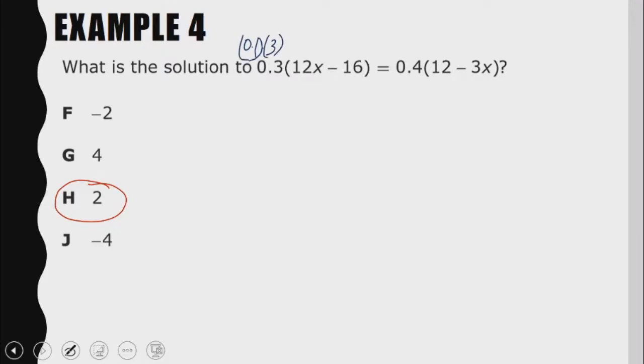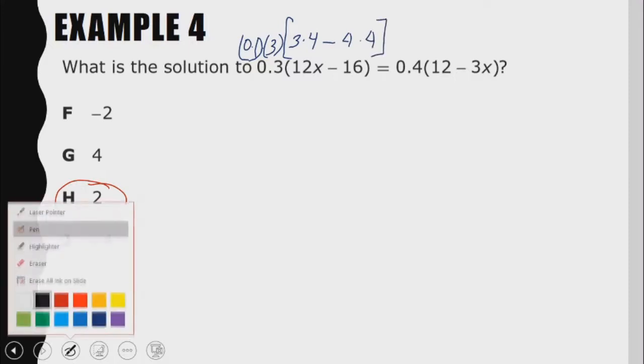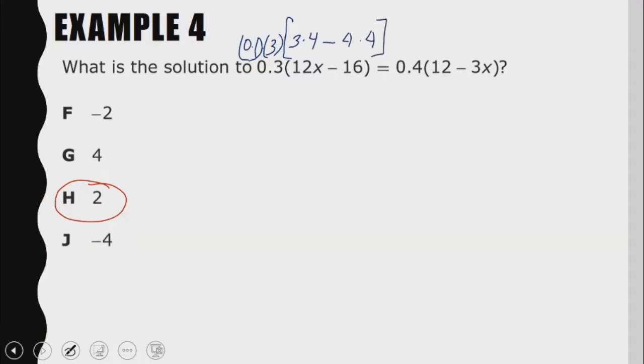And this is inside parentheses. 12 is 3 multiplied by 4, minus 16 is 4 multiplied by 4. You can see that inside the parentheses, they have that 4 in common. So you can bring those 4 outside the parentheses.